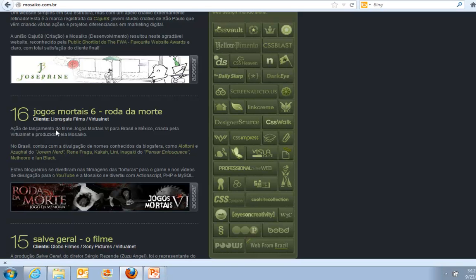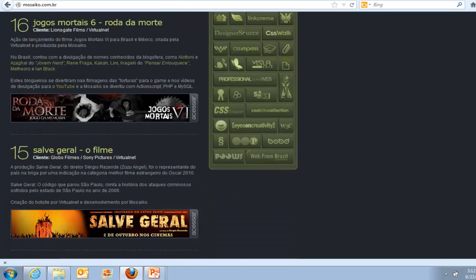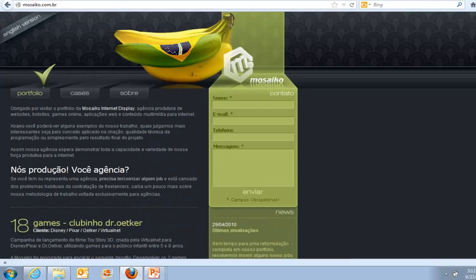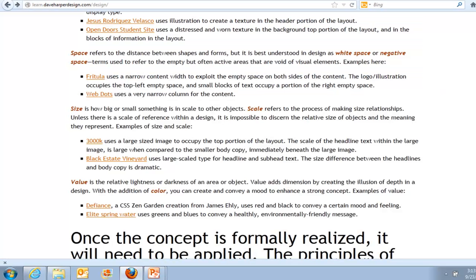And this site's not in English, but it doesn't need to be, because we're looking at the symmetry of the website. Even if this website was pushed to the middle of the page, it'd still be asymmetrical, because we have this one column over here that's smaller than this column. For proximity, he uses space, and it's the distance between shapes and form.